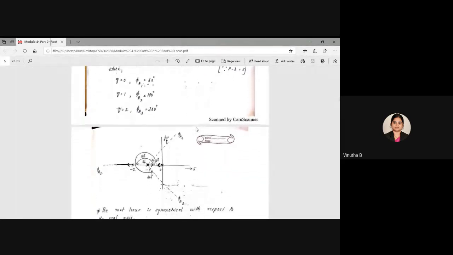Now substitute for Q as 0, you will get phi A as 60 degrees. Similarly, when Q is 1, you get it as 180 degrees, and when Q is substituted as 2, then you will get phi A as 300 degrees. And also remember that the root locus is symmetrical above the real axis.